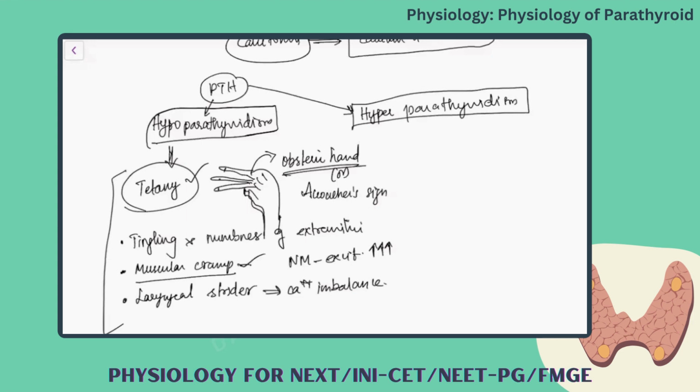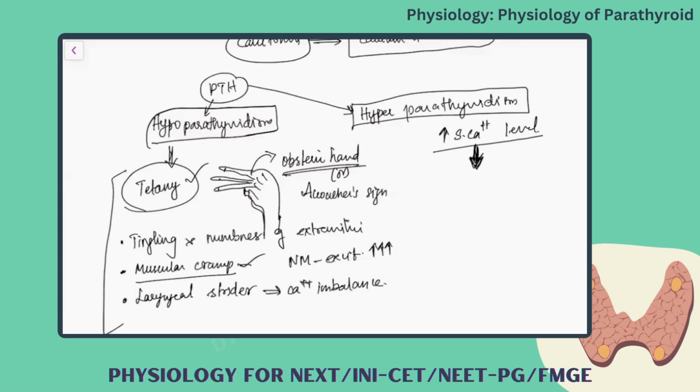Okay, in this case there will be a high serum calcium level. Okay, so what this will do is, normally the role of parathyroid hormone is to maintain the calcium balance.